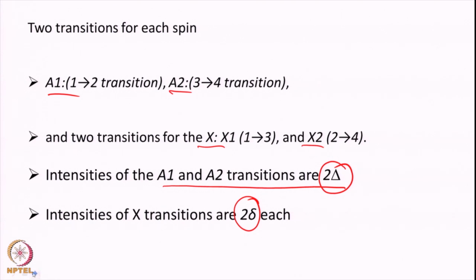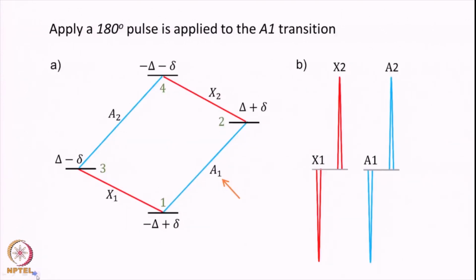So, let us do a trick. The trick is that we now selectively apply a pulse on A1, this transition. We selectively apply a 180 degree pulse, and a 180 degree pulse is for inverting the population. So, we are now inverting the population in this A1 transition.